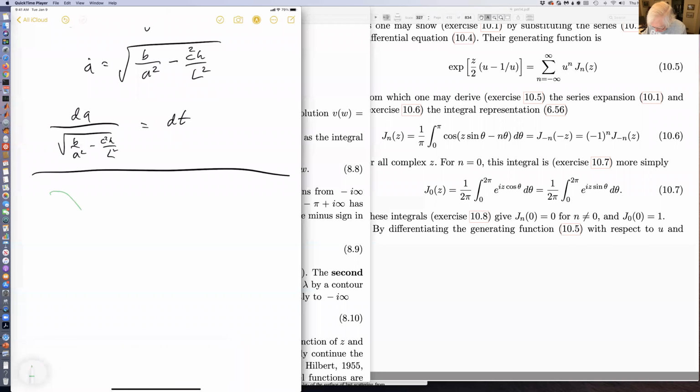The cosine, of course, from 0 to pi looks like that. So if we just look at, we said z equal to 0 and n equal to 1, the cosine is even. So you can see that the integral from 0 to pi of cosine n of cosine theta, or cosine minus theta, is 0.